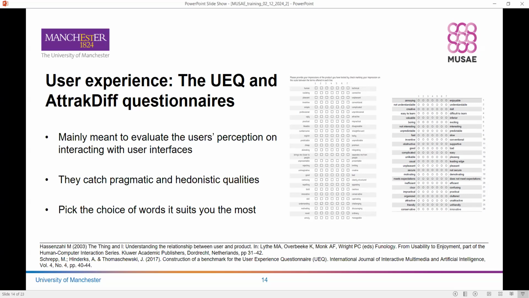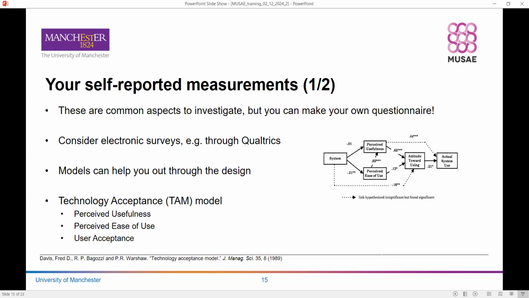These are good because they allow you to probe pragmatic and hedonistic qualities of user interfaces, which are two common features of user interfaces. Again, though both are good for the purpose, you can choose the one that most relates to your specific application.